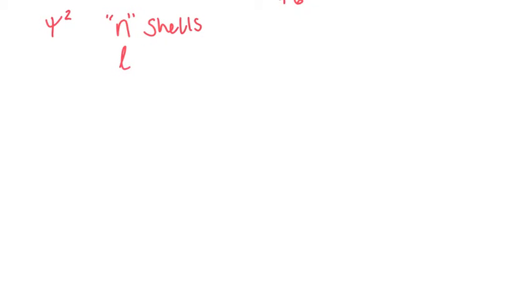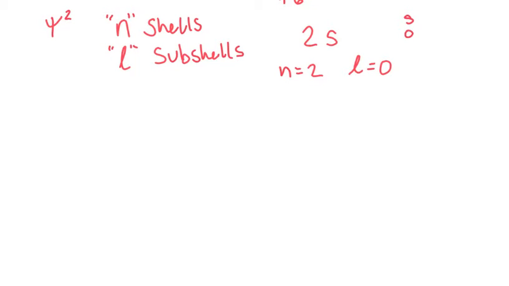And then we have our L's, which are our subshells. So for example, if we have 2s, we say that n is equal to 2, and then our subshell is going to be this s orbital. So remember, L is equal to 0 for s. So it was s is 0, p is 1, d is 2, f is 3. Okay, for our value of L.